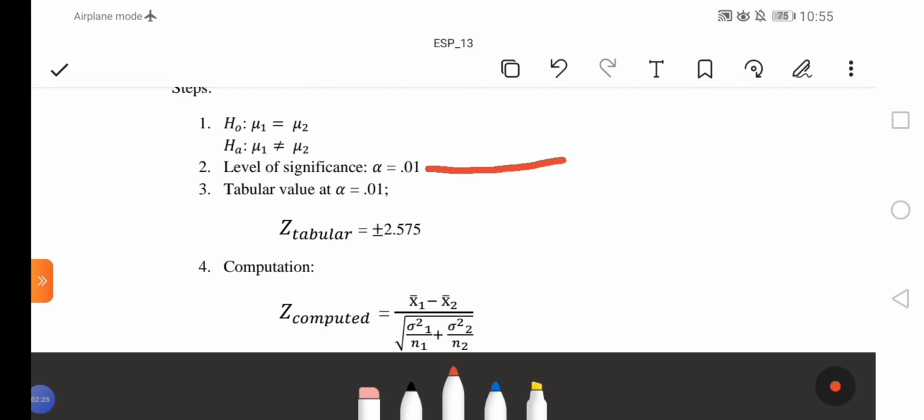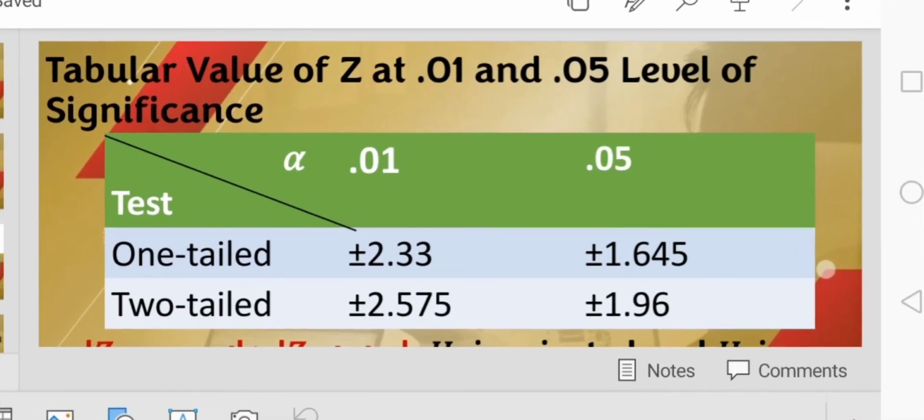By finding that, we have to look again at the tabular value of z, and we have to look at two-tailed since it is a two-tailed test, and we have to look at the 0.01 level of significance since it is the given level of significance.